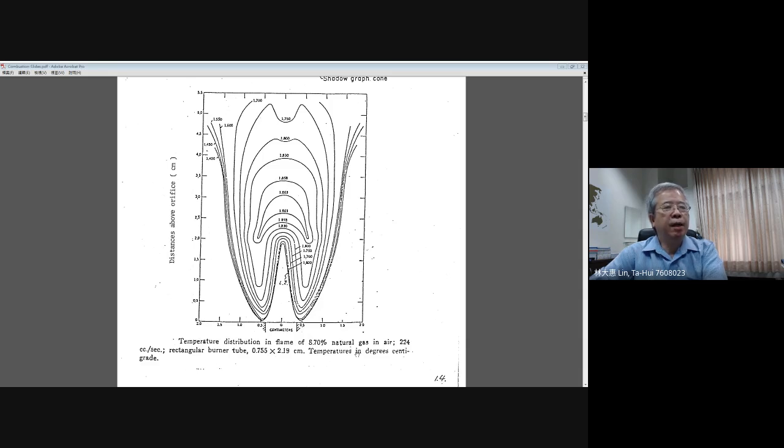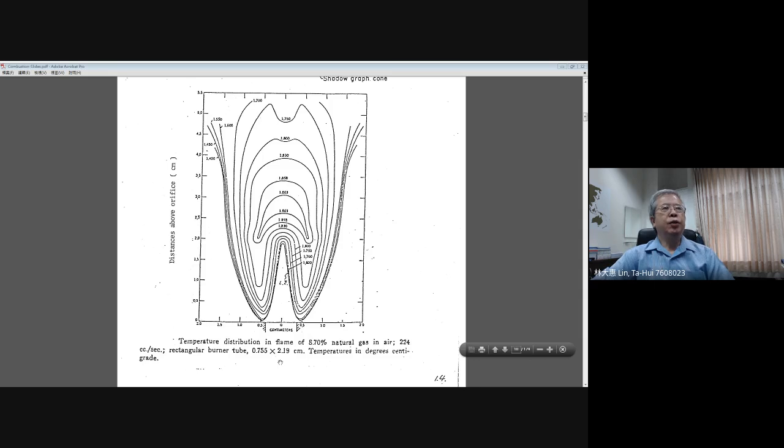Now you have 8.7%, okay, and they show you the given conditions of the experiment. The flow rate of the natural gas is around 224 cc per second, and they use a rectangular burner tube, and this is the cross section area.